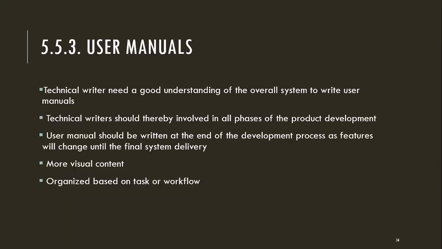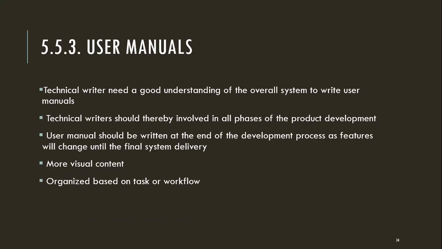Then there are user manuals. Now this is something similar to what I spoke earlier, but this is more technical, right? A technical writer needs a good understanding of the overall system to write user manuals. So these are about process machines and so on.